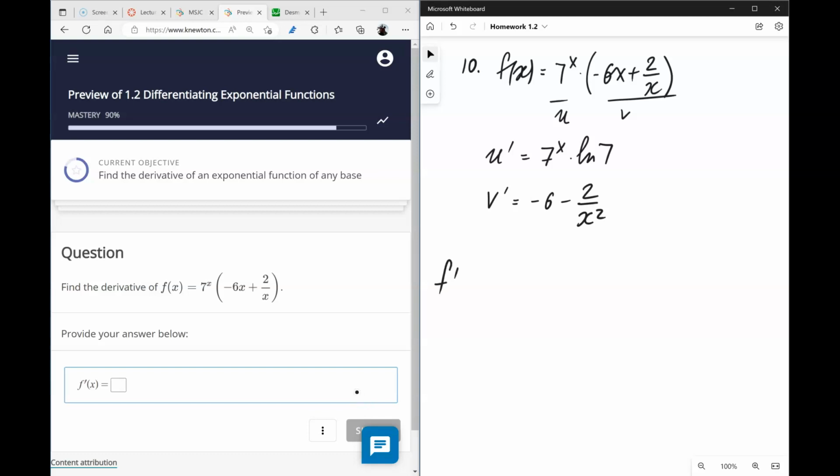So f prime is equal to u v prime plus, I changed the order, so I said u v prime, so next I'm going to write u prime v. Usually we write it u prime v plus u v prime, but it doesn't matter.